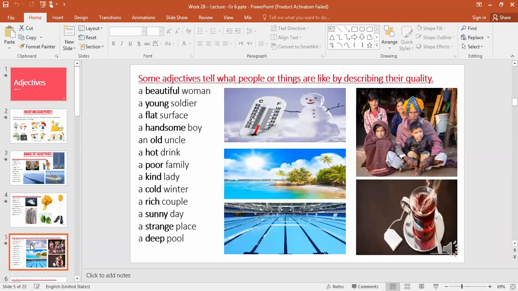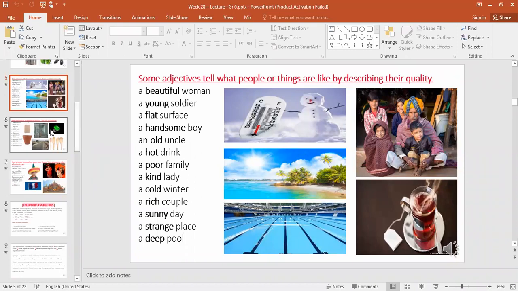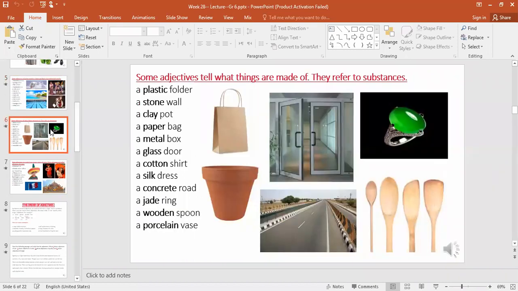So the adjectives of quality describe the noun in detail, as we said. Now we move to the fourth kind of adjectives, which is the adjectives of substance. These adjectives tell us what things are made of. What do we mean by that?